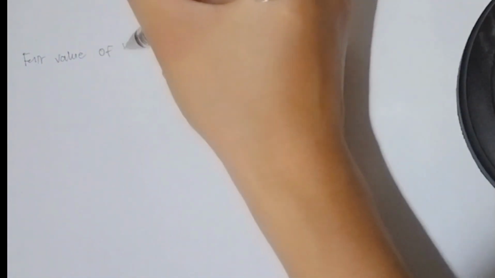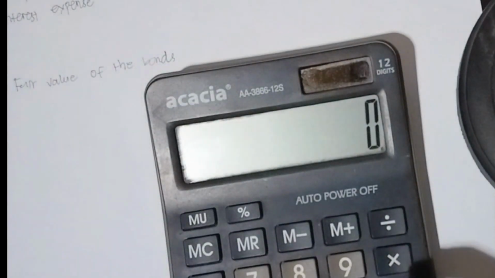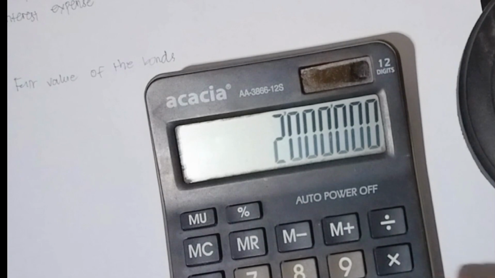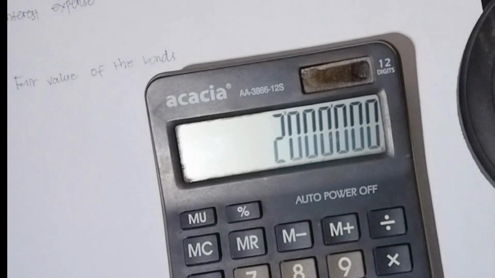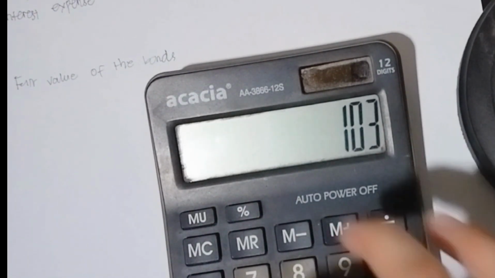For the second requirement, we're going to compute the unrealized loss or gain in 2021 to be recognized in the profit or loss. So we have the fair value of the bonds. To compute the fair value of the bonds, we multiply the face value, which is 2 million, times the quoted price, which is 103%.